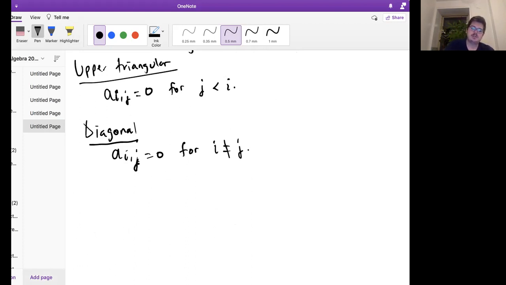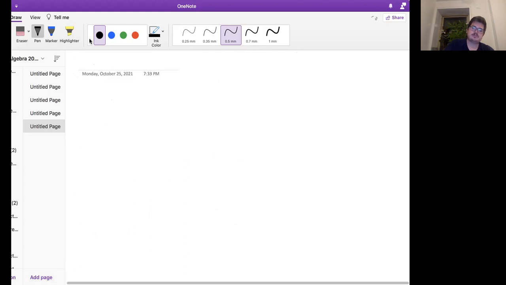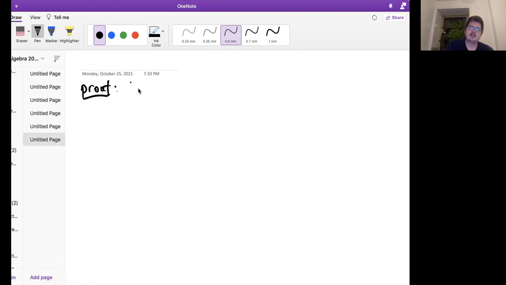Okay, so let's do a proof. Let D1 and D2 be diagonal matrices. Show D1 times D2 is diagonal.